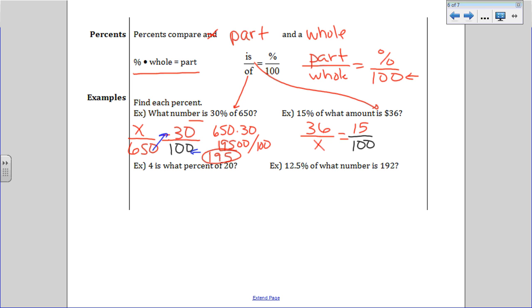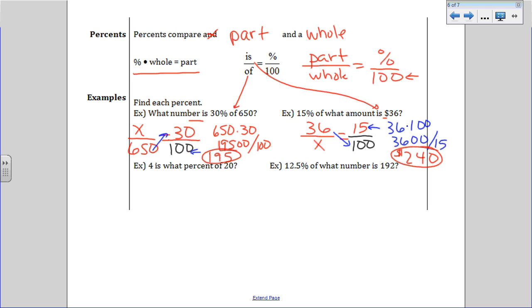So once again, we're going to cross multiply. 36 times 100, and so that's 3,600. And then you're going to divide by the 15. So we're going to take 3,600 divided by 15. Then we get 240. We need to look and see if there were any labels because this was dollars. This is $240.